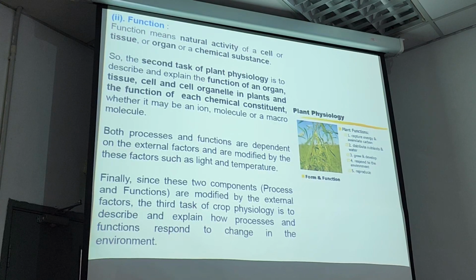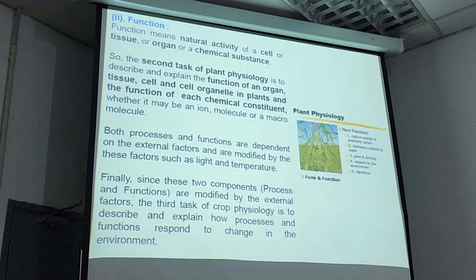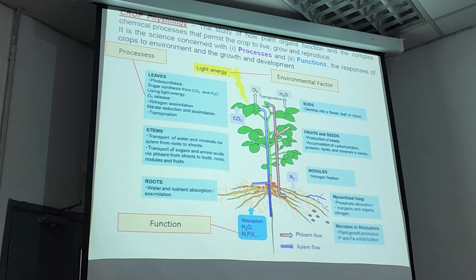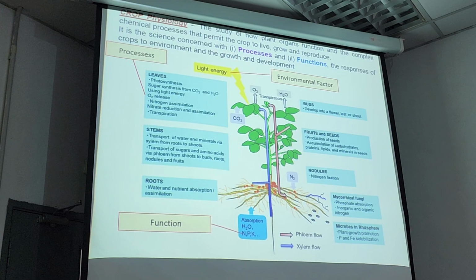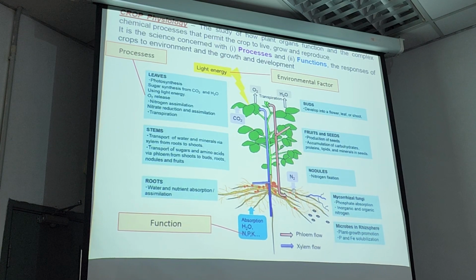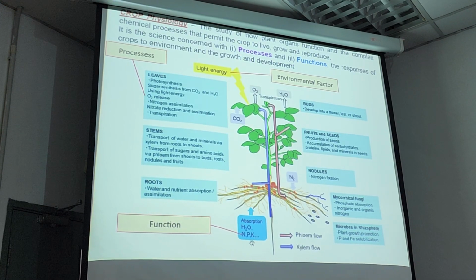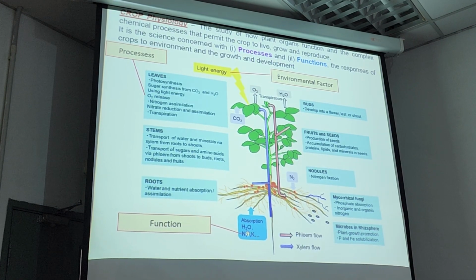Okay, so this is my point when I talked about the external stimuli coming and giving impact to the processes and functions in plants. So this is just another example of why you need to understand these processes and functions. We take another example here. The functions of plants absorbing NPK.